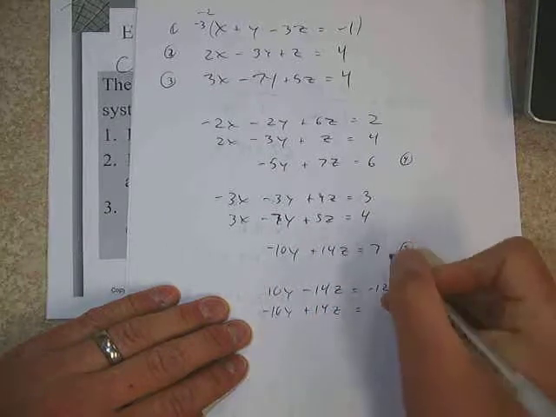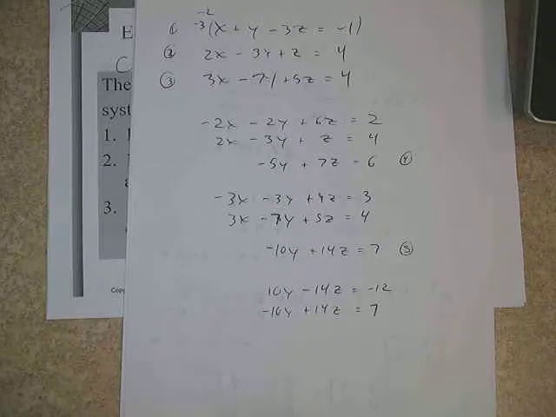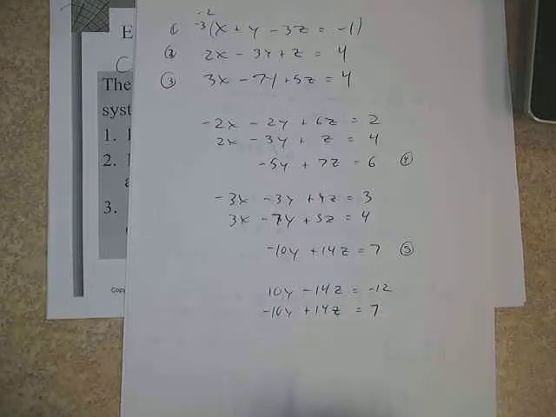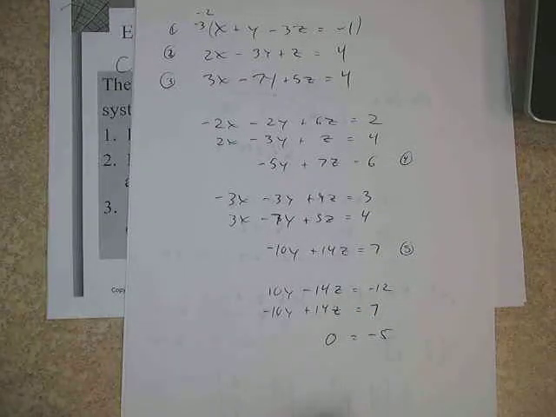So I'm going to take number 4 and multiply it by -2. If I do that, I'm going to have 10y minus 14z equals -12. I'm going to match that up with number 5. And in this particular case, notice what happens. They all cancel out, don't they?